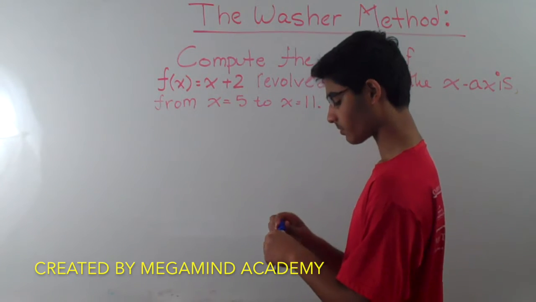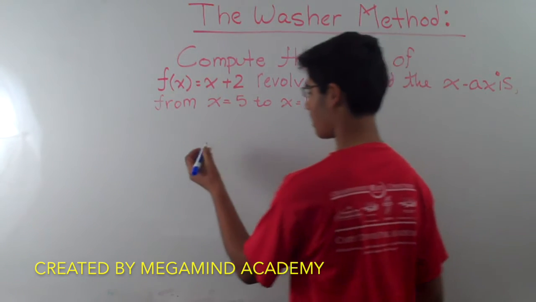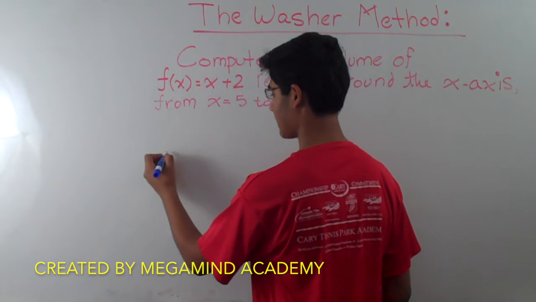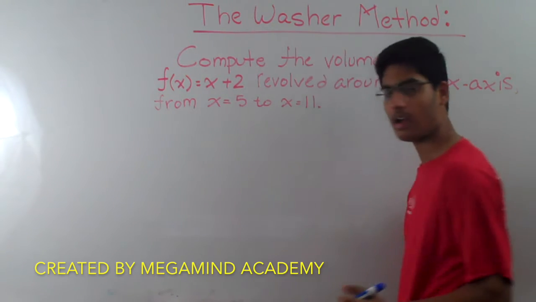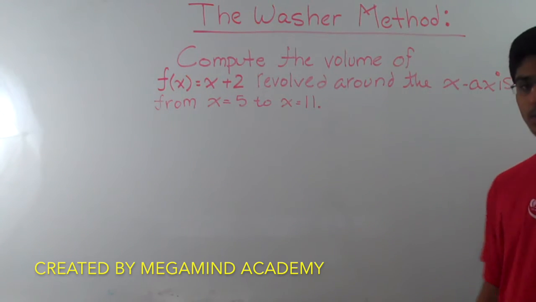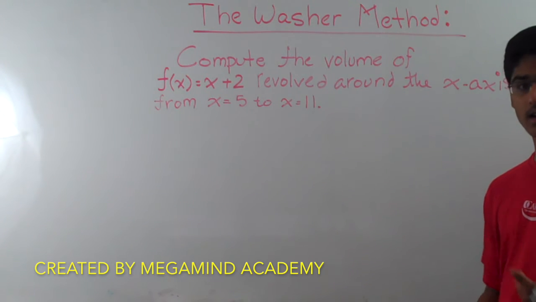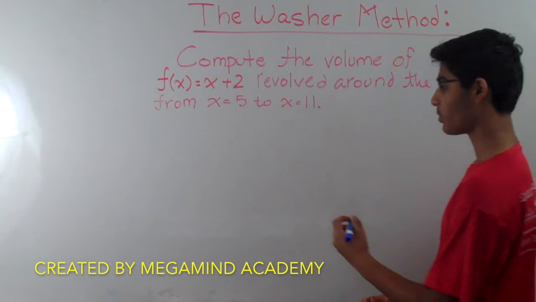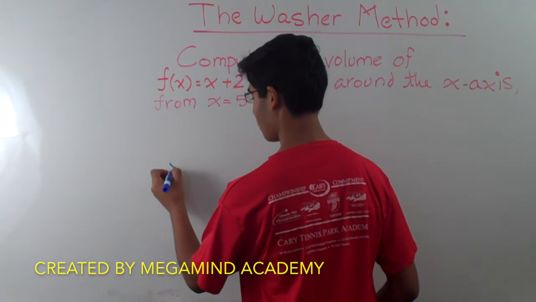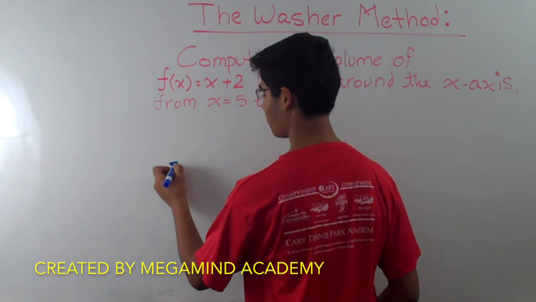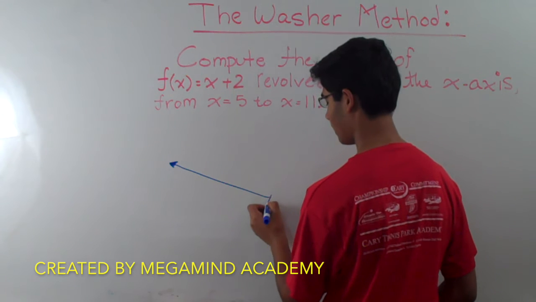So let's first make the axis. Because we know that revolving it around the x-axis will make a solid, and solids are 3D, let's do this with x, y, and z. So we have the x-axis, which is just going to be diagonal.